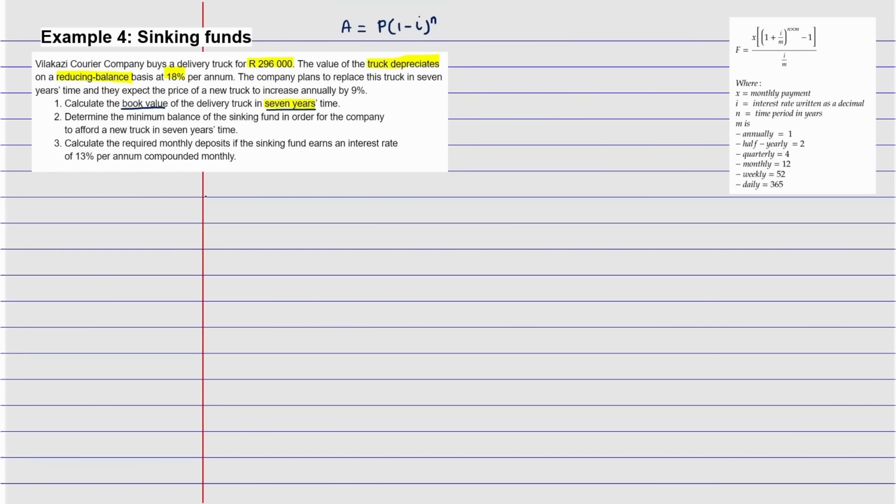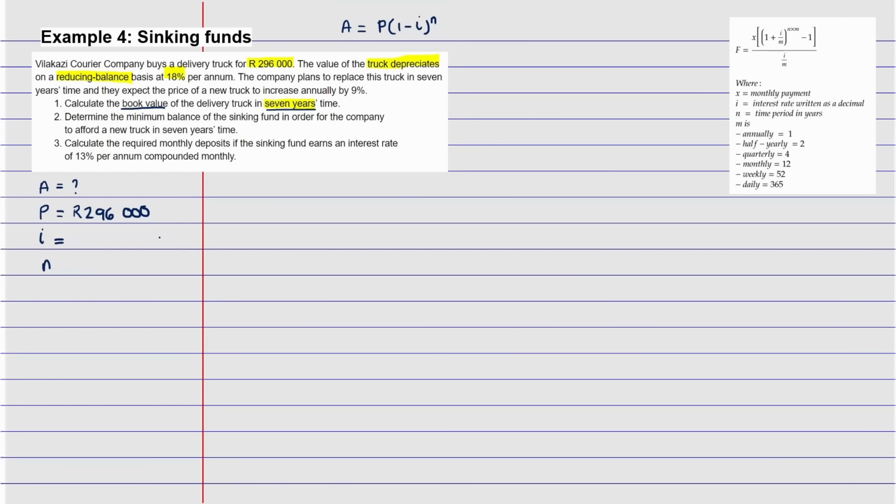So let's write all the information we have. We have A, P, I, and N. We're looking for the book value in 7 years, so we're looking for the value in the future. So A is the one that's missing. P is the value of the truck now, which is 296,000 Rand.